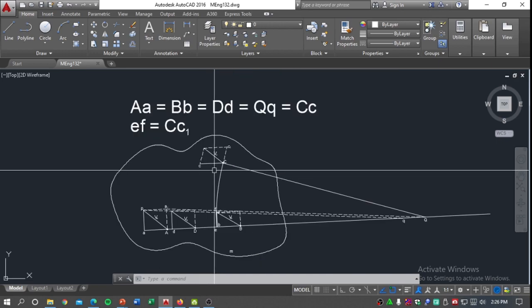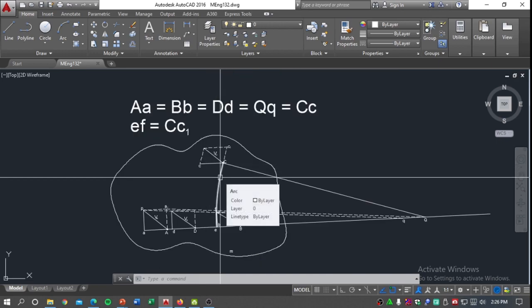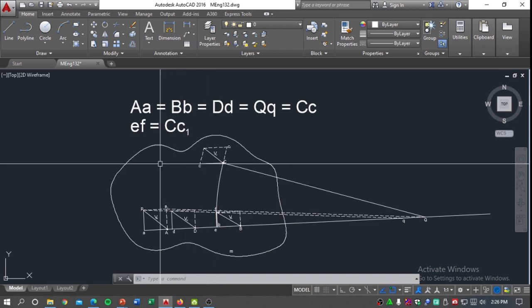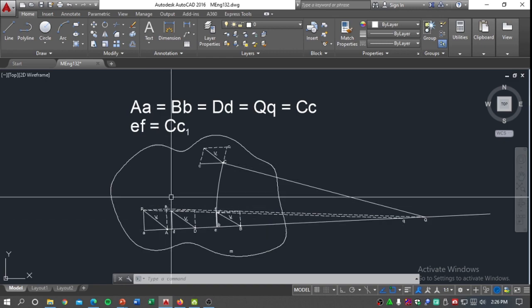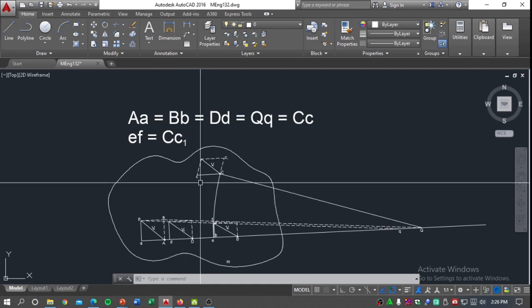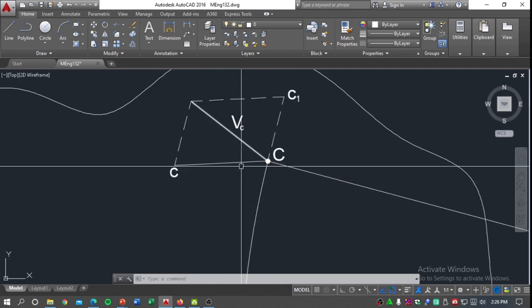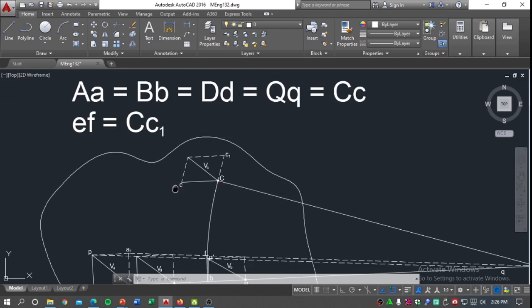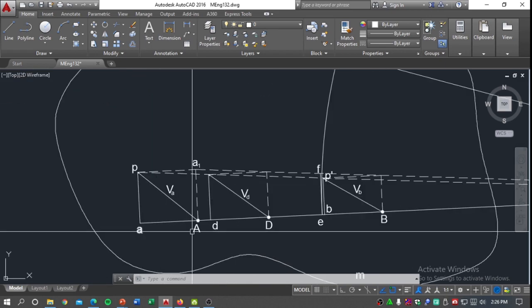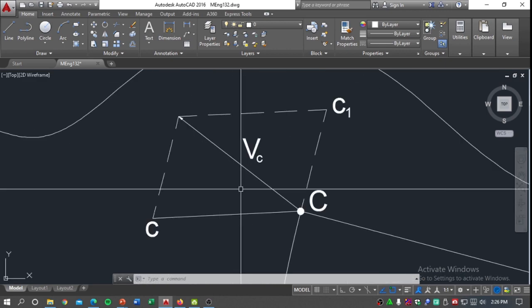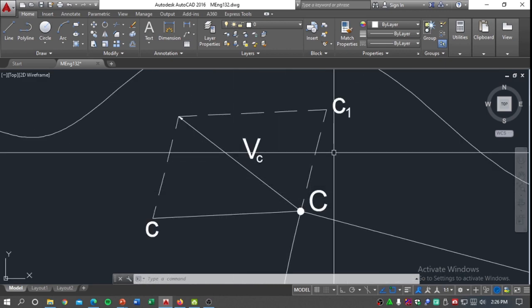Since they are of the same axis and the same body M, we projected the component into point C. So what is the component? The component CC. The length of this component CC should be equal to the length of these components that we just obtained for the other points. Okay, so we have that.